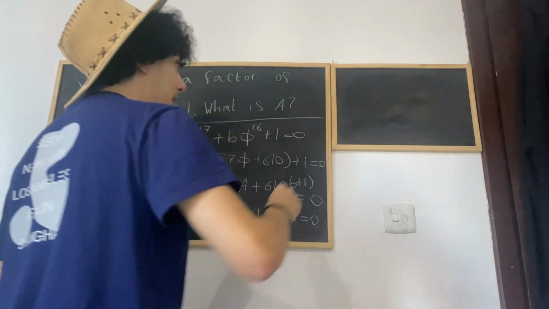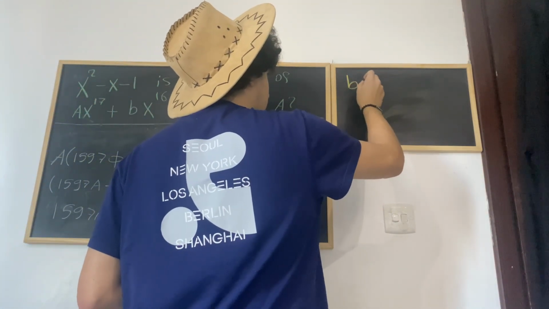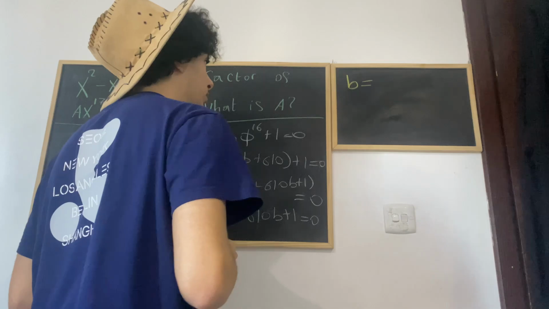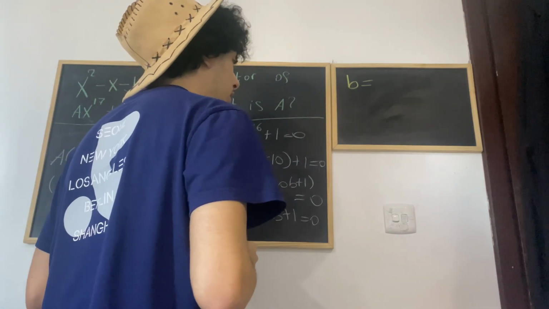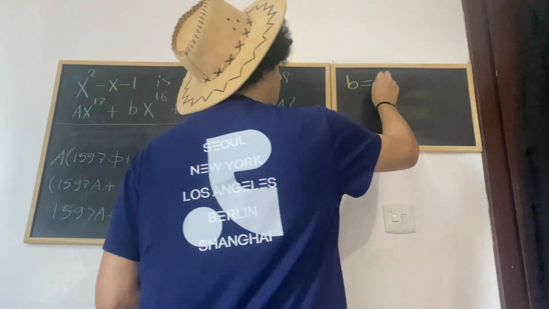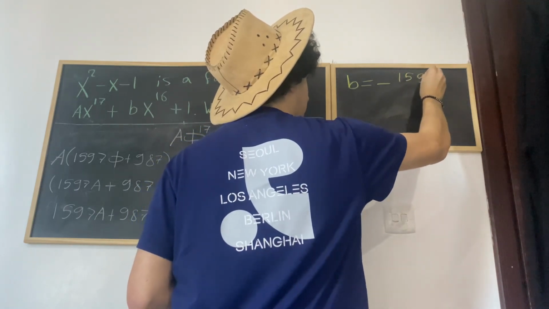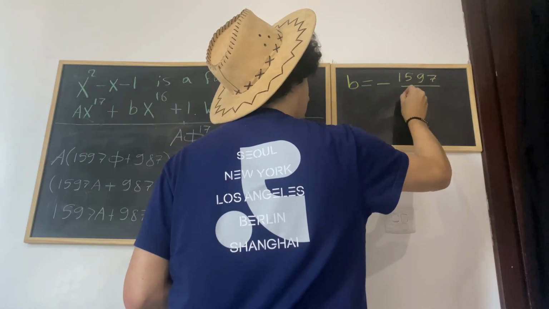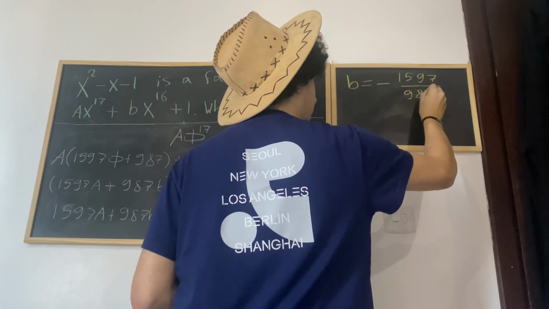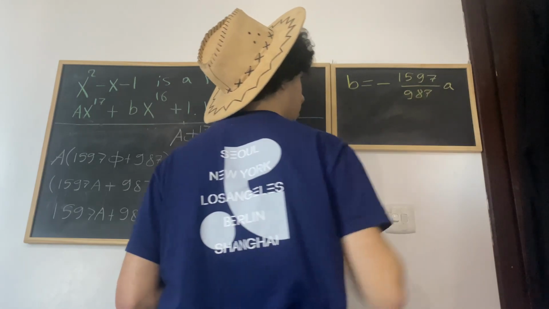We're going to get that B is equal to, I think it's going to be equal to negative 1597 over 987A.